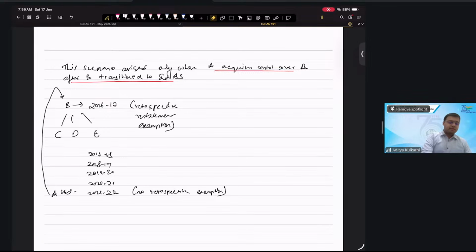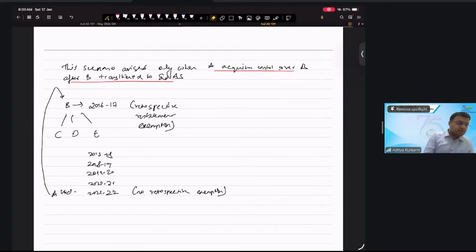So this particular exemption is a very unique piece of exemption. It is applicable only when a parent company transitions to Ind AS and has acquired control over a subsidiary after the subsidiary has transitioned to Ind AS.